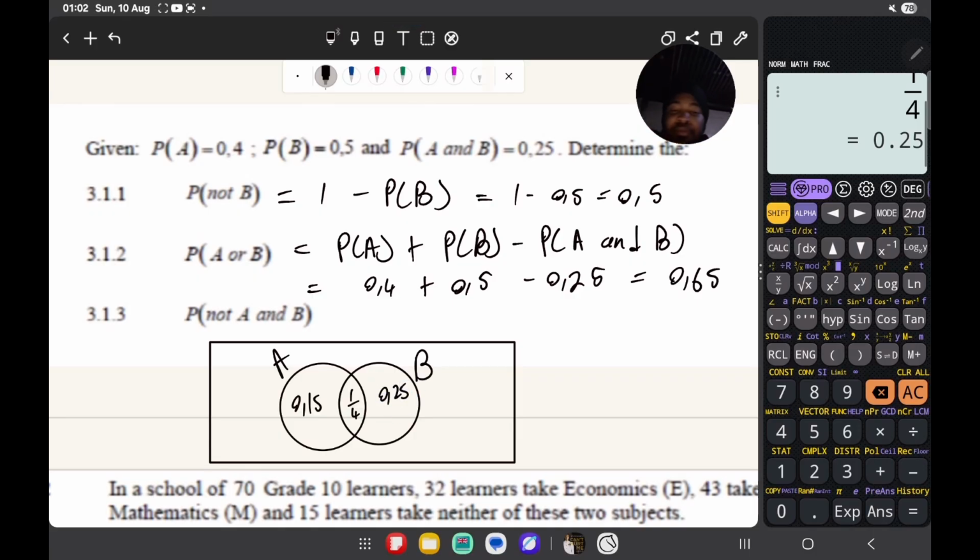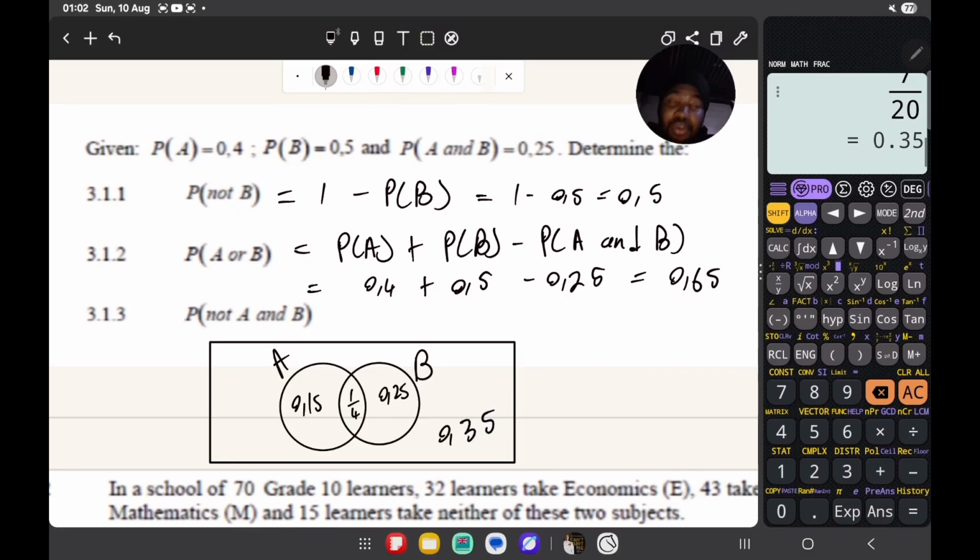Right, cool. Let me add all of them. 0.15 plus 0.25 for the intersection, plus 0.25 for this one, gives me 0.65. Then what do I have outside? 1 minus the answer, so on the outside I'm going to have 0.35.